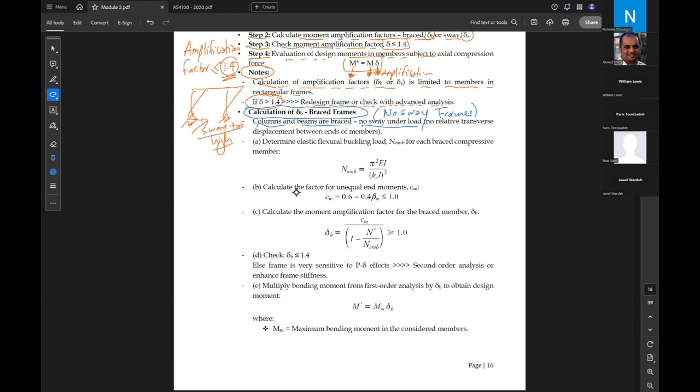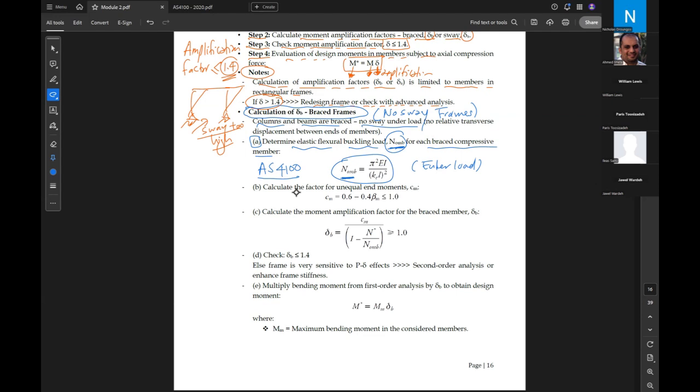The first step is to determine the elastic flexural buckling load, N_omb. These formulas are in the Australian standard. For each braced member, for each column, you need to find the Euler load, N_omb. So N_omb will be pi squared EI over (k_e times L) all squared.